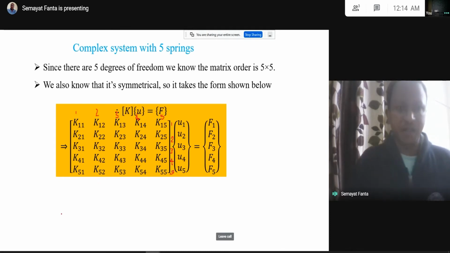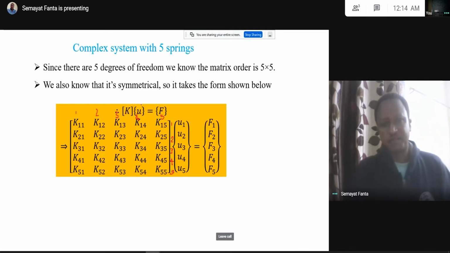So this is a 5 by 5 matrix, and the nodal degrees of freedom are U1, U2, U3, U4, U5, and the nodal forces F1, F2, F3, F4, F5. So this is the form that we must obtain at the end.